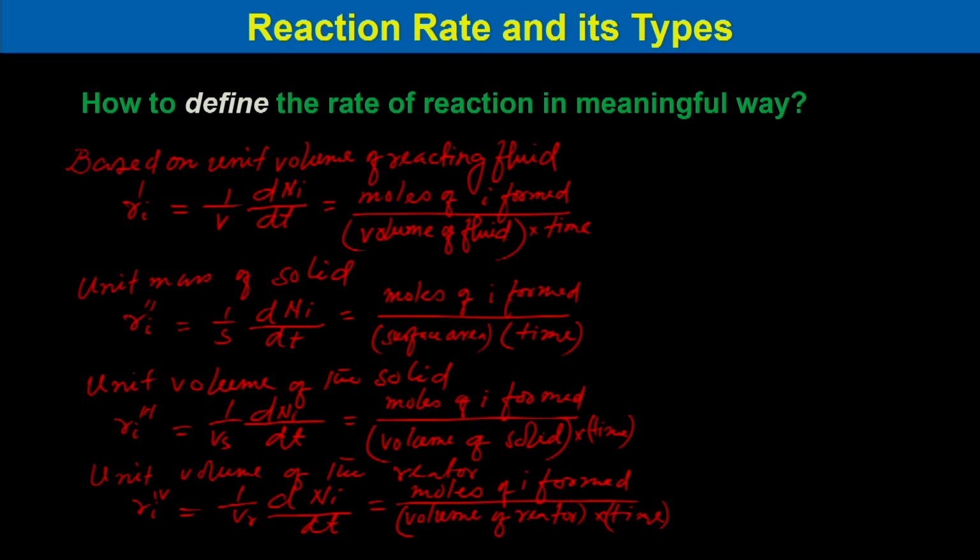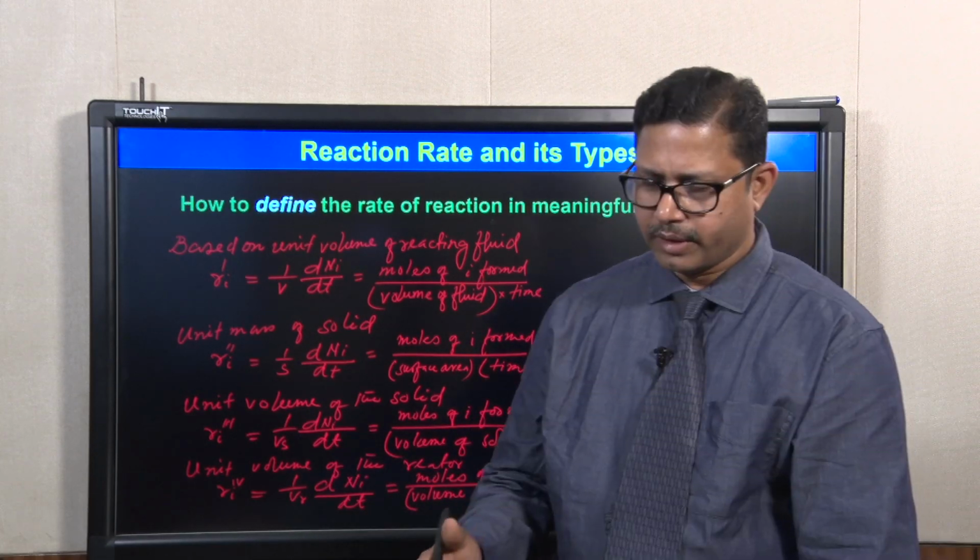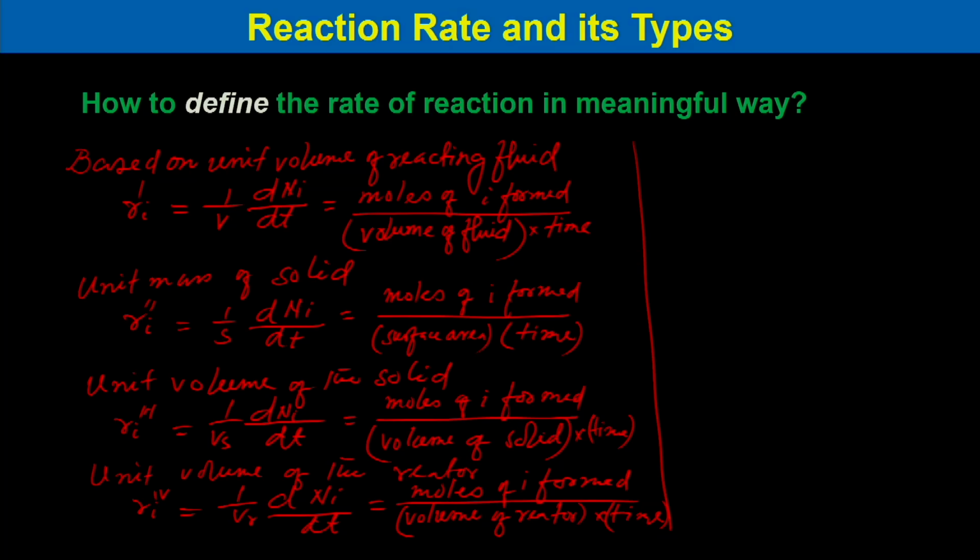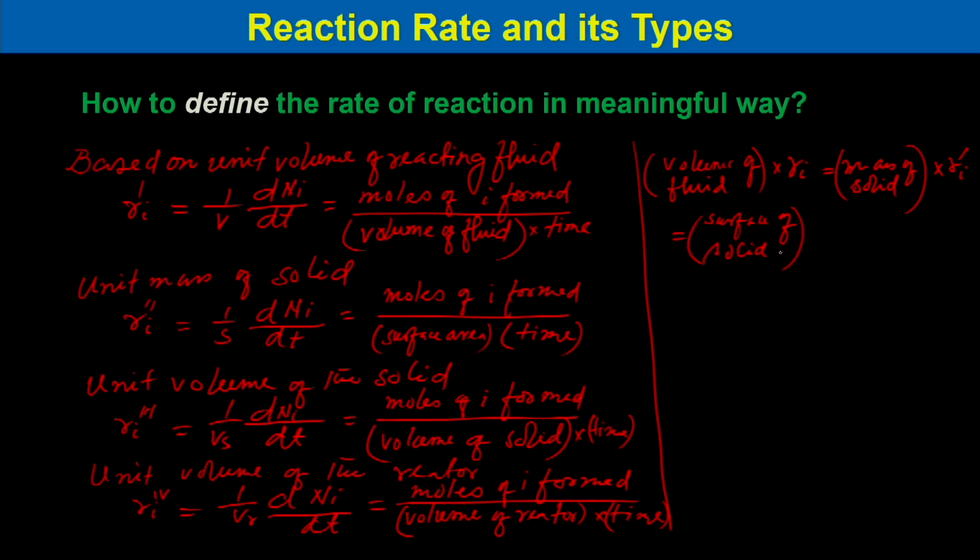So, these are different rates and we can relate them, like volume of fluid into r_i would be mass of solid into r_i dash, which would be equal to surface of solid into r_i double dash and so on.